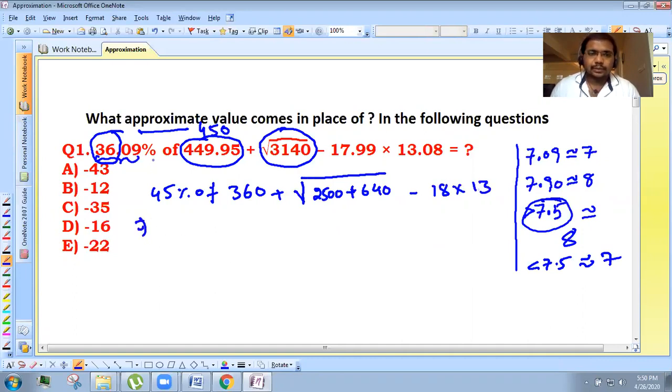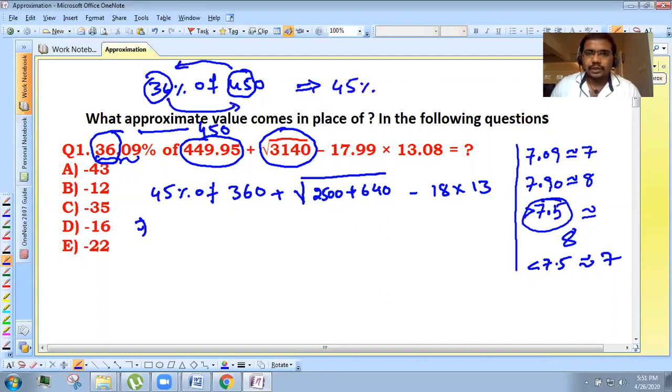See this one, this is 36 percentage of 450. My suggestion is to interchange these 45 and 36 values. Then you will get 45 percentage of 360, because this will help you reduce your calculation, because 50 percentage of this number you know very easily how much it is, 180.